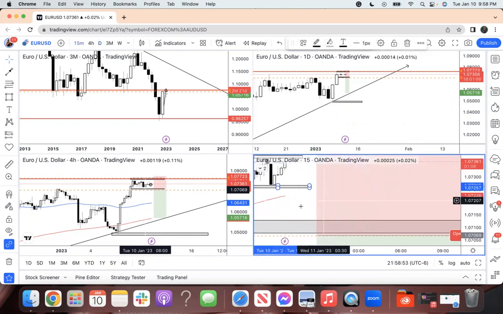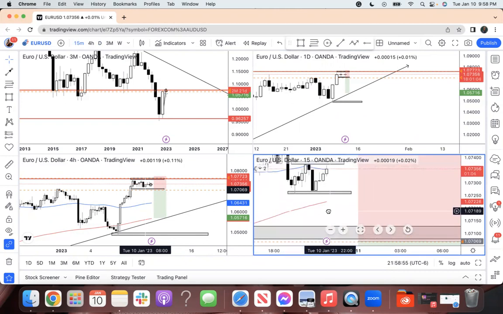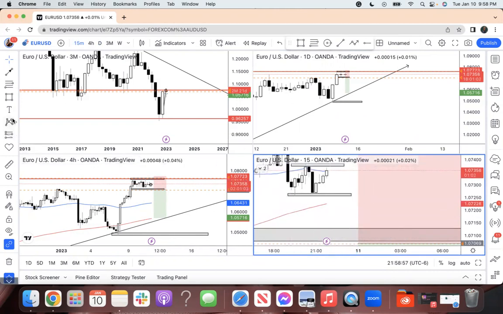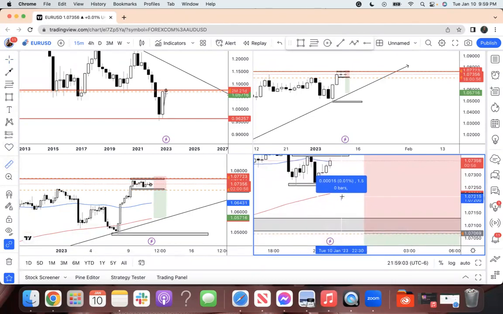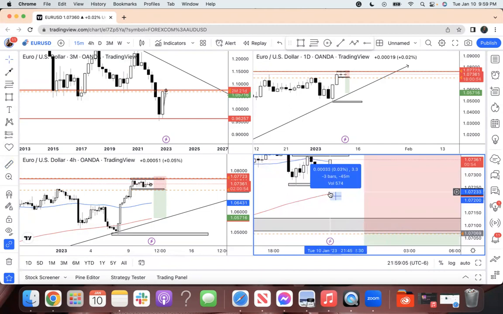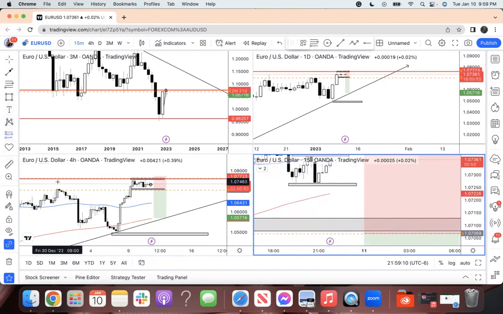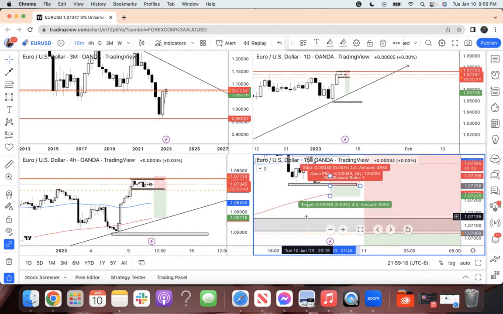And so if I'm scalping, let's look for a scalp position, anticipating that price is going to come down. And so I would get my tool. I'm going to place it below here because this is where I'm expecting price to come to.